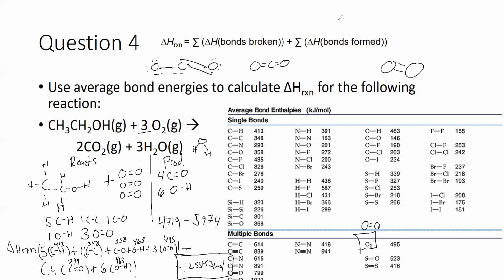Can I read out what the formula says? The formula is 5 times 413 plus 1 times 348 plus 358 plus 463 plus 3 times 495 minus 4 times 799 plus 6 times 463.